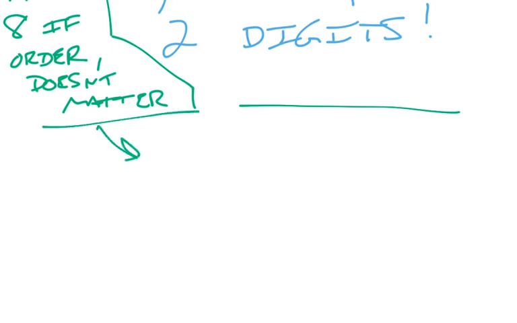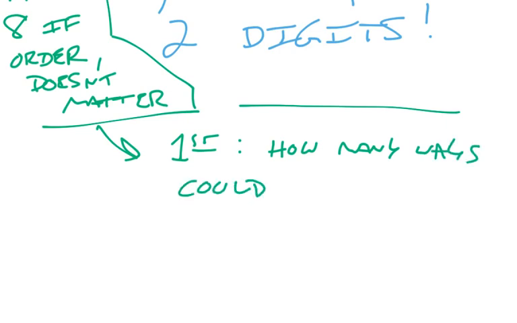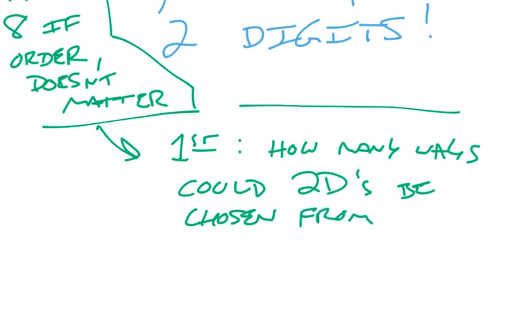So first, how many ways could the 2 digits be chosen from 8 if order did matter?